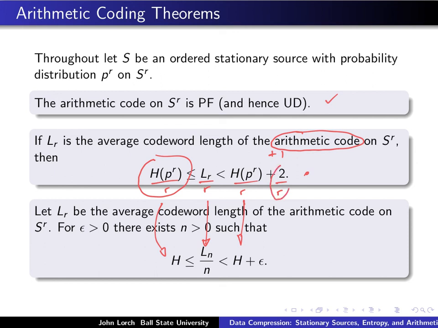Well, 2 is a little bit bigger than 1, but that's okay, because if I let R get big, 2 over R gets small, just in the same way that 1 over R would get small. So this result here in the second block is in essence just as good as the +1 example was for proving this fundamental theorem about coding in blocks.